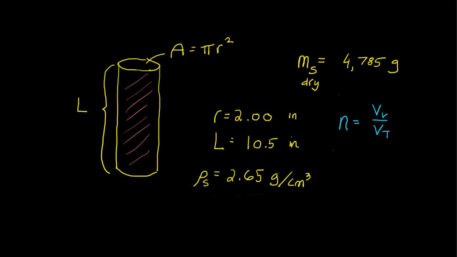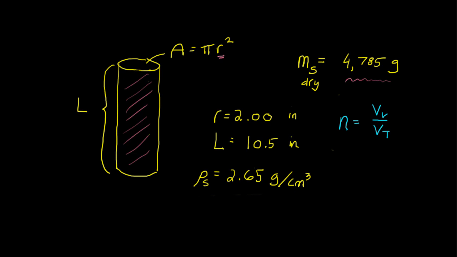We measure the length of the tube L, the radius of the tube R, from which we can calculate the area. We take the sample back to the laboratory, and then we basically drive out all the water by heating it up, so that we end up being able to measure the dry mass of the solids, which is shown over here.